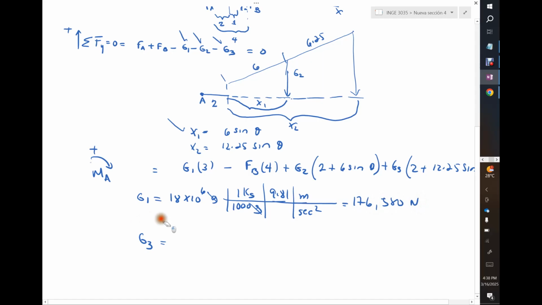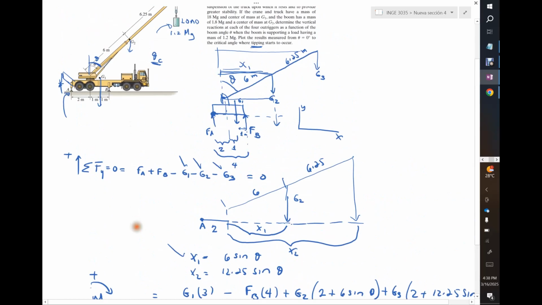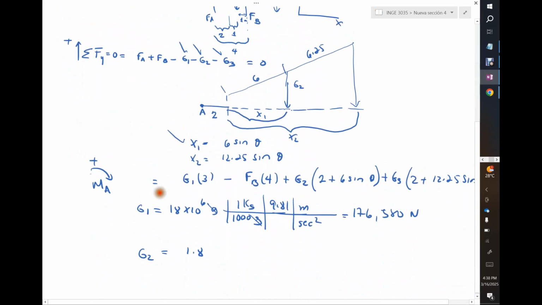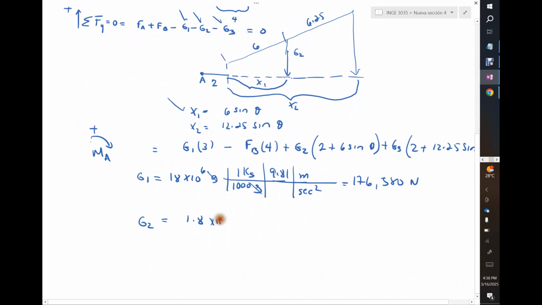How about G2 and G3? Let's see. G2 equals 1.8. Let's see if I remember that right. G2, the boom has a mass of 1.8 megagrams. So 1.8 times 10 to the 6 grams.